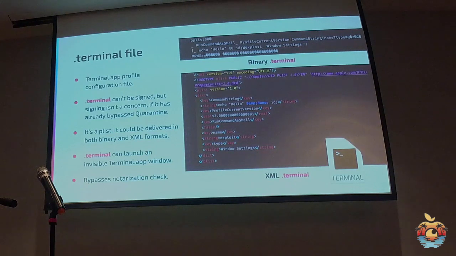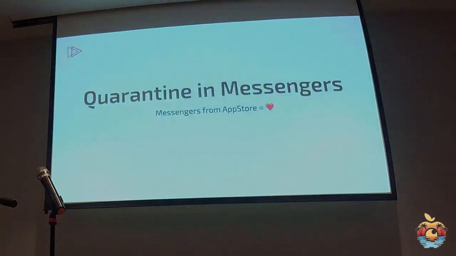That's not standard, because most people think that only apps or binaries or executables can execute code on their machines. That's not true. Terminal is an example. So let's start reviewing file quarantine handling in messengers.